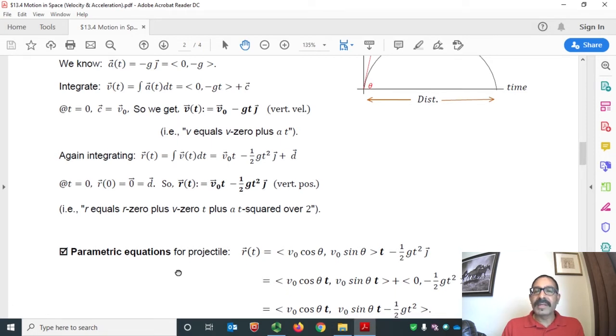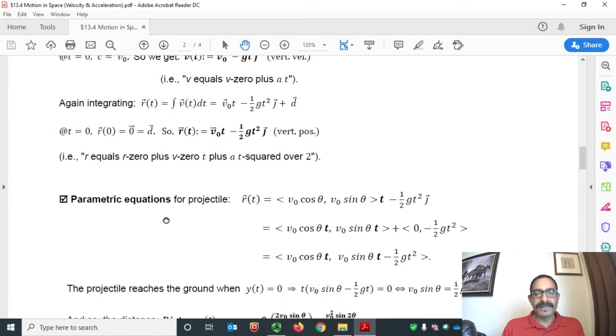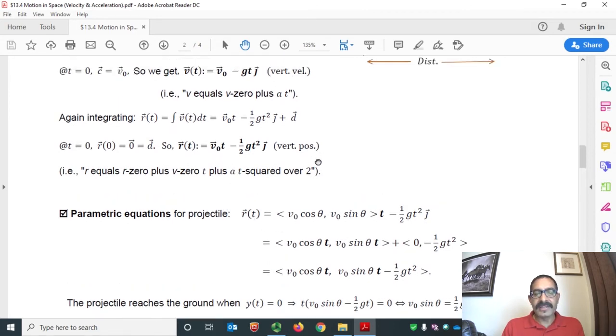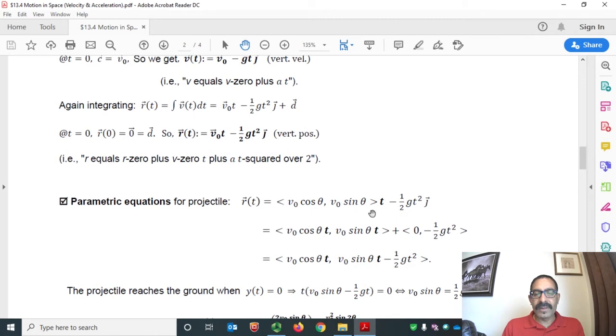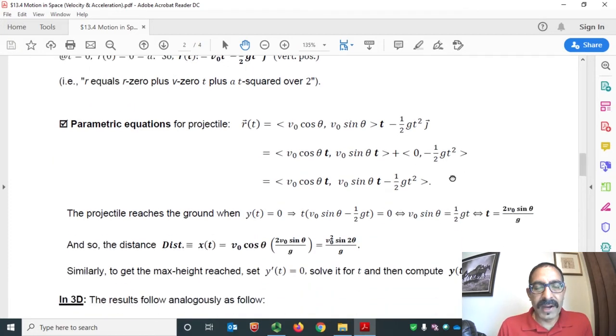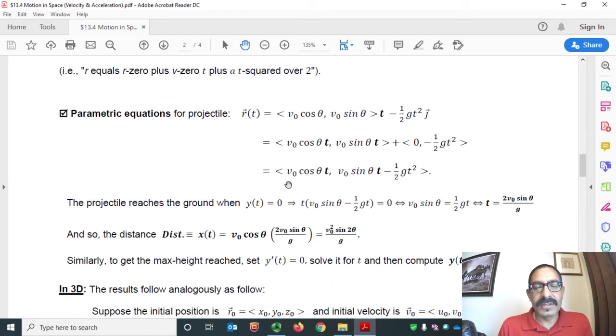Now, in parametric equations for this projectile, r(t) equals the v0 vector with components v0 cosine theta, v0 sine theta, times t minus 1/2 g t squared j. Simplified, this gives us v0 cosine theta times t, comma, v0 sine theta times t minus 1/2 g t squared.